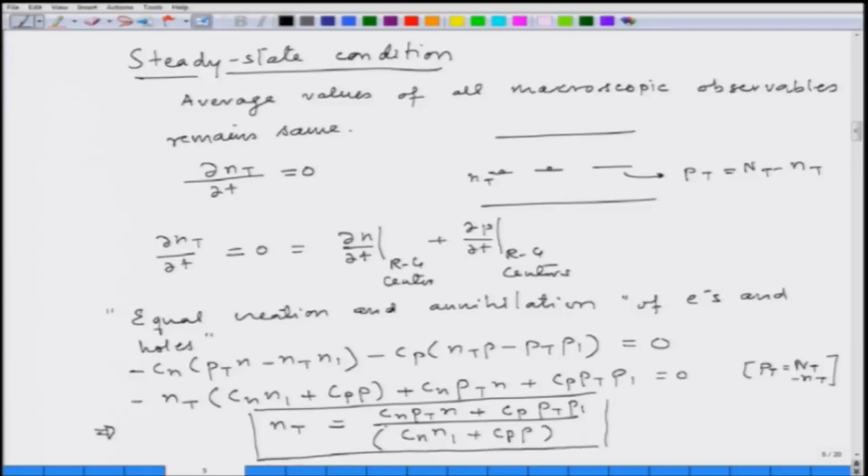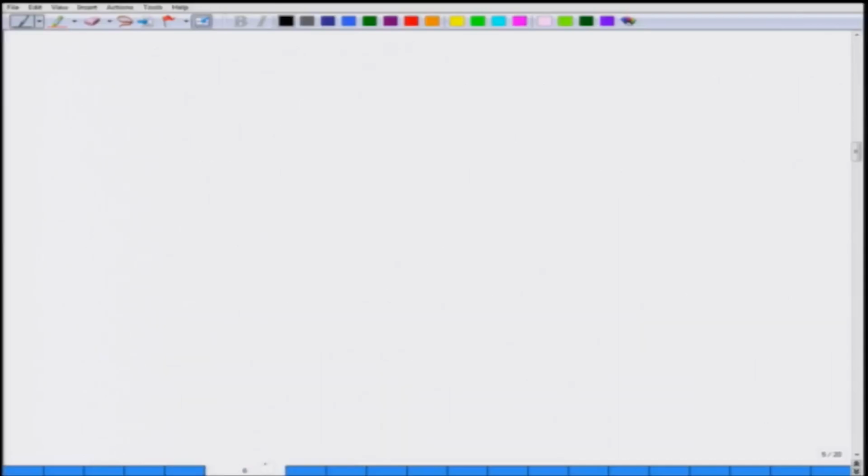And from this expression, since we have both n of t and p of t on both sides, I would like to change that by utilizing this into only an n of t expression. So, let me write the simplification for this.